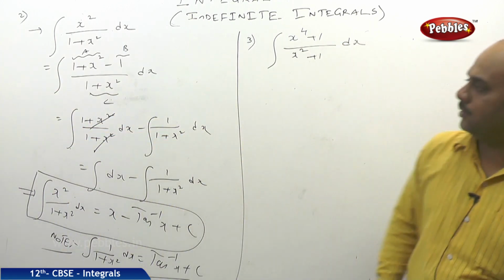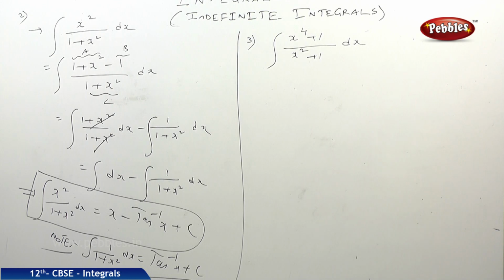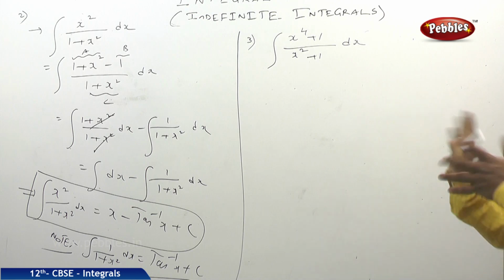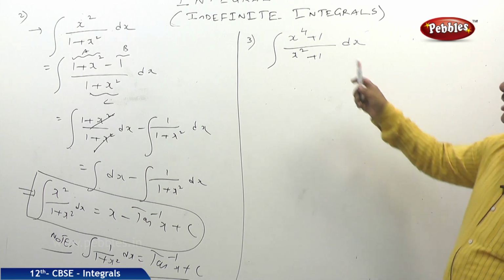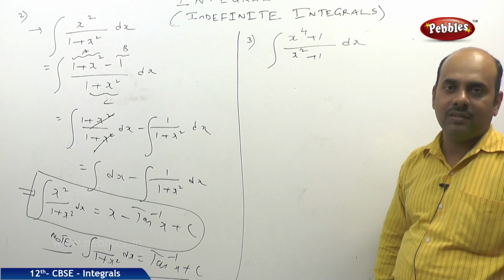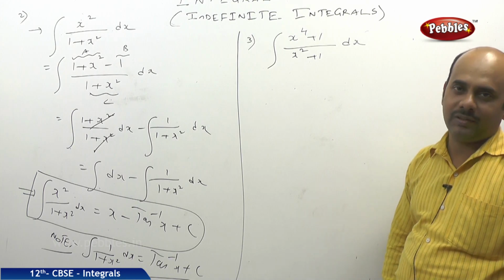Right. Now if you observe carefully, it is integral of x power 4 plus 1 upon x square plus 1 dx. So what will I do here? There is no formula for us again, and what many people do in a hurry is a plus b by c, that means a by c plus b by c.